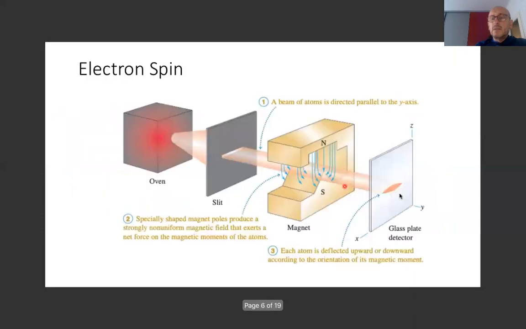And here we saw 2, the upper part and the lower part of the beam. So the guy started thinking, well, there's something strange. There is some magnetic moment here that is probably due to some sort of spin, but it's a different spin because it only has 2 components.